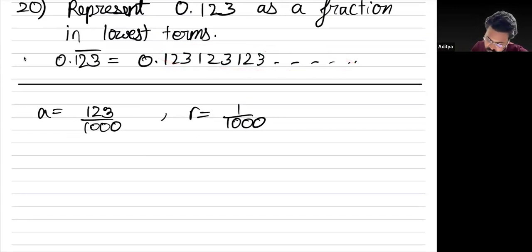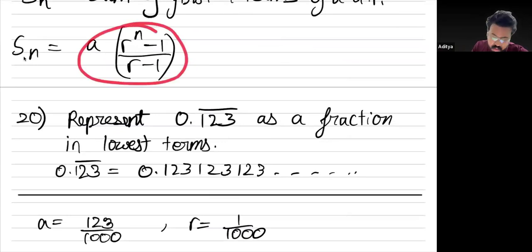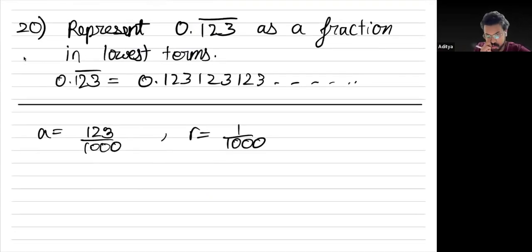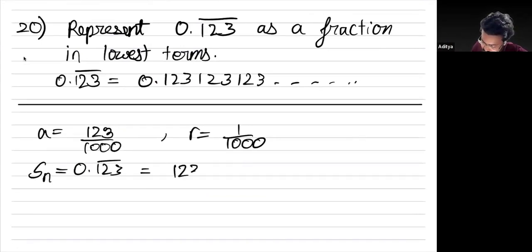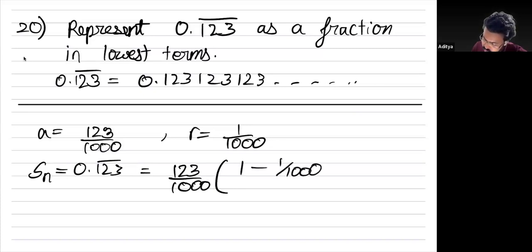And if you use the formula for the sum of a GP, I'll derive the sum of GP formula also after some time, you'll find that the answer is Sn equal to 0.123 bar, which is equal to 123 upon 1000 times (1 minus r to the power n), that is 1 minus (1 upon 1000) to the power n, where n is going to infinity.